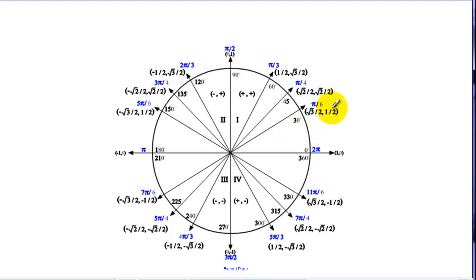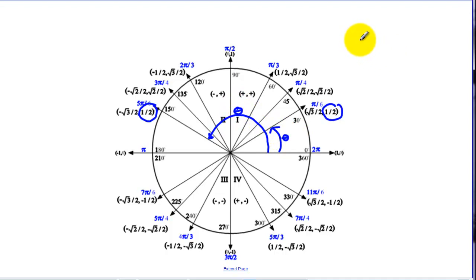Well, remember the sine function is the y, so this angle here would have a sine value of 1/2. But if I look at the y coordinates, I go around over here, I have another angle that has a sine of 1/2. So that angle also gives me a solution.